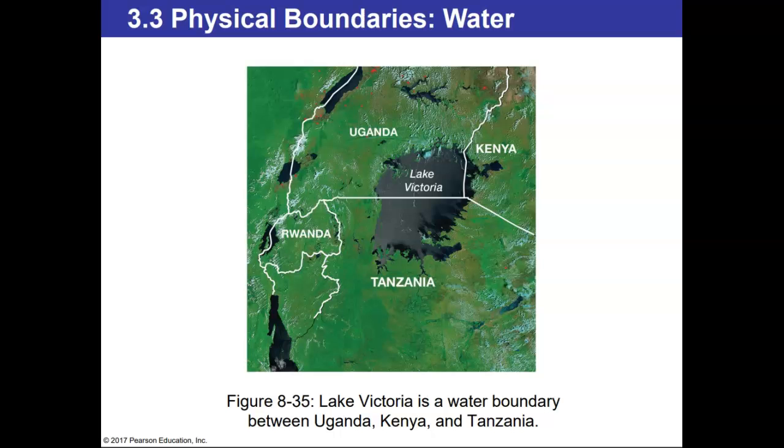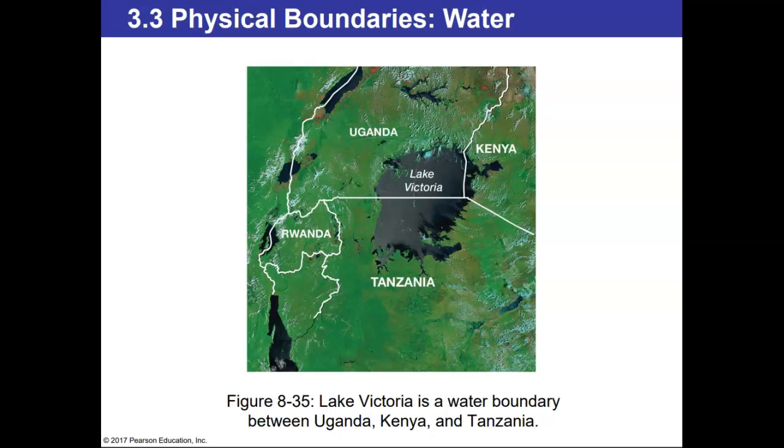Another example of physical boundaries is water. And so if we look at figure 8-35, located on page 285 of your textbook, Lake Victoria, for example, is a water boundary that creates a natural border between countries like Uganda, Kenya, and Tanzania on the African continent.